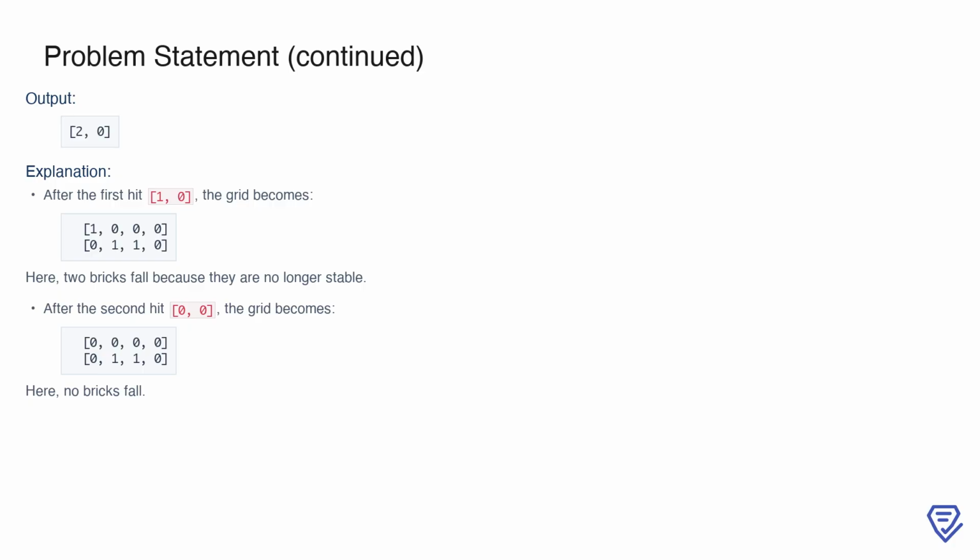Here, 2 bricks fall because they are no longer connected to the stable structure. Then, for the second hit at position [0, 0], the grid becomes [0, 0, 0, 0], [0, 1, 1, 0]. In this case, no bricks fall because the remaining bricks are still stable. Thus, the output for this example is [2, 0].